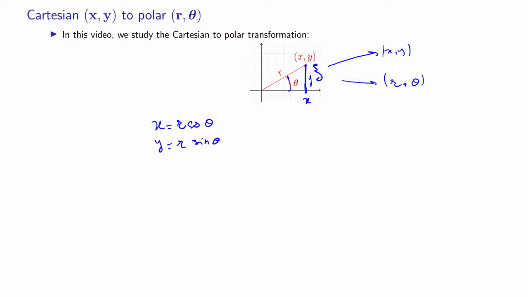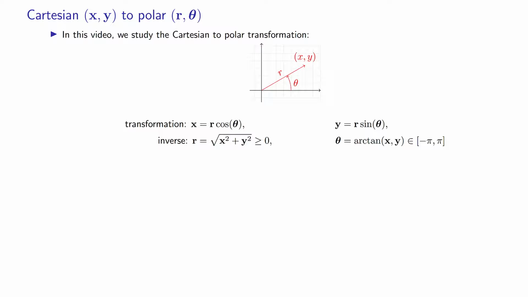Obviously r is the distance, so it's always positive, and theta is between minus pi and pi in order to cover the whole 2D plane.